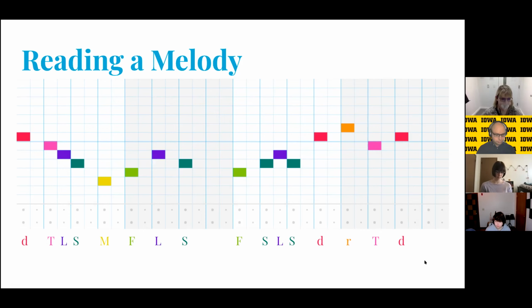So if we sing the melody here, it goes do, ti, la, sol, mi, fa, la, sol, fa, sol, la, sol, do, re, ti, do. Let's try this step by step.